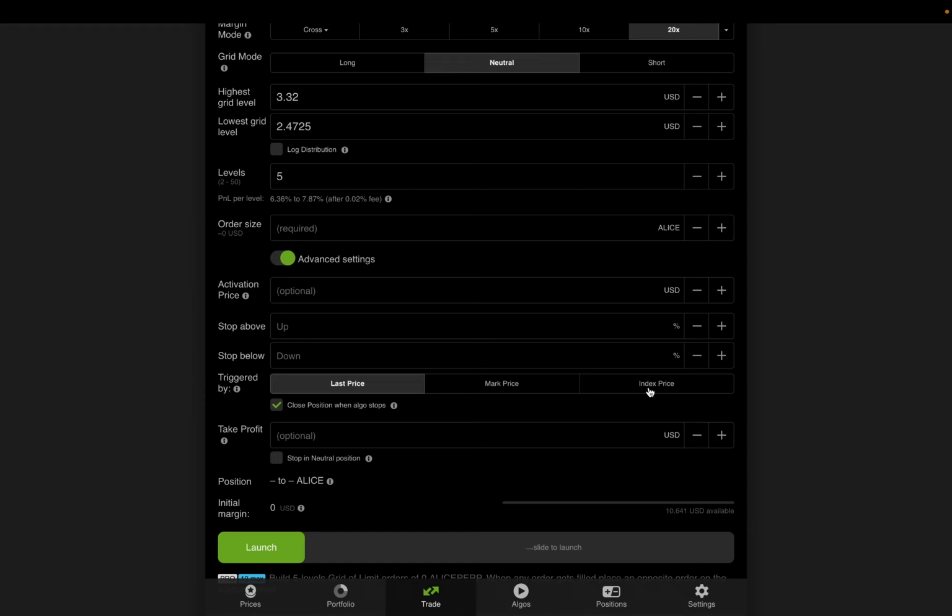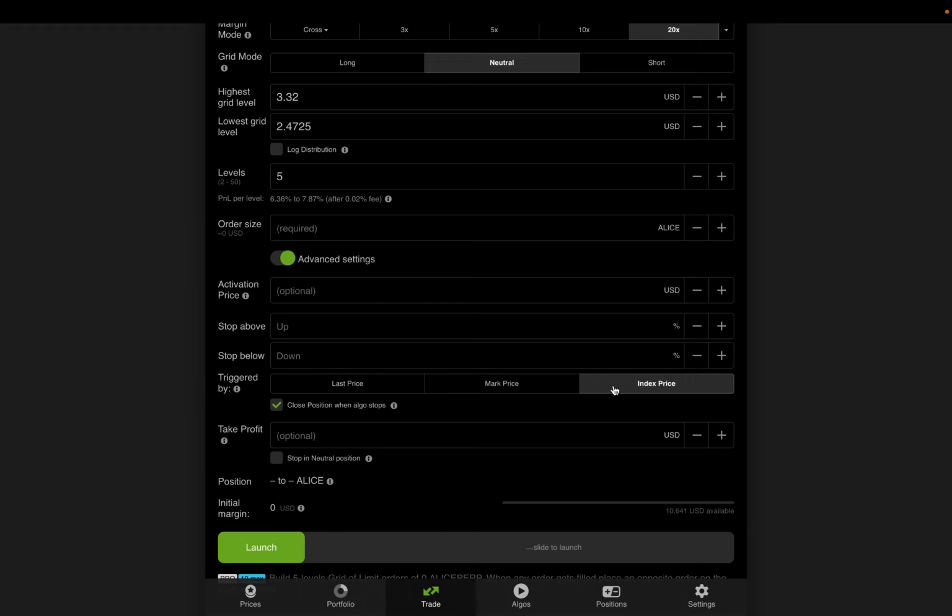Especially if you're trading some liquid pair on some exchange, there could be a temporary, so-called artificial spike on that exchange. For example, someone just put a huge order on that exchange, but the global price didn't move, and you don't want your grid to be taken out or activated by those exchange-specific moves that don't reflect the global market situation.